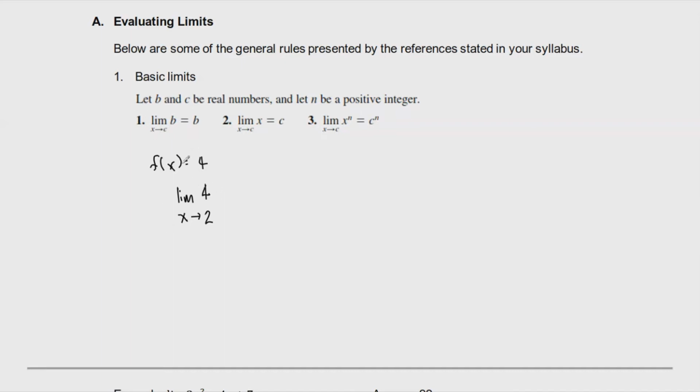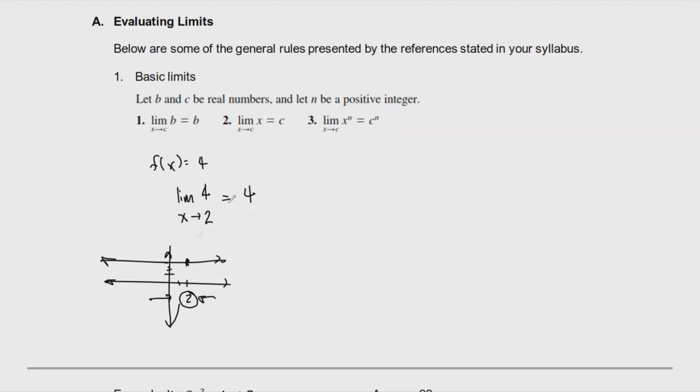Based on our basic limits rule, the answer should be 4. And it makes sense because if you have a constant function, a straight line at 4, and you approach the value 2, either from left or right, what you will get is simply the value of this function, which is equal to 4.